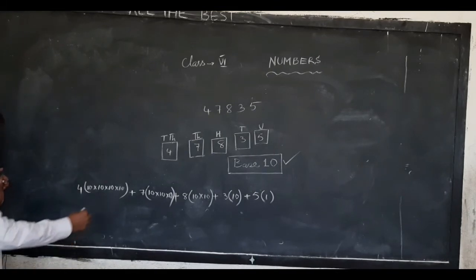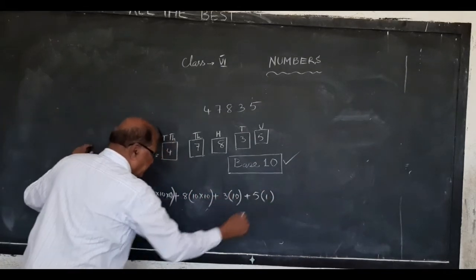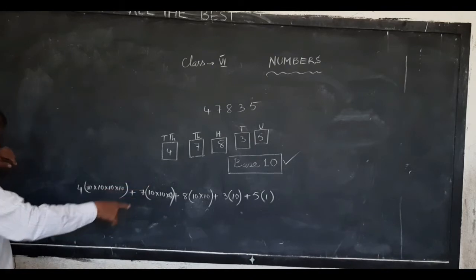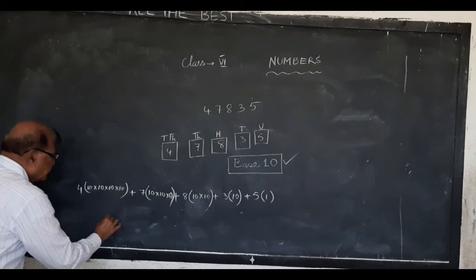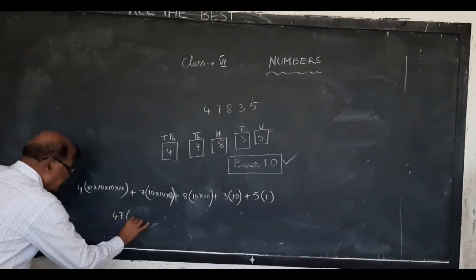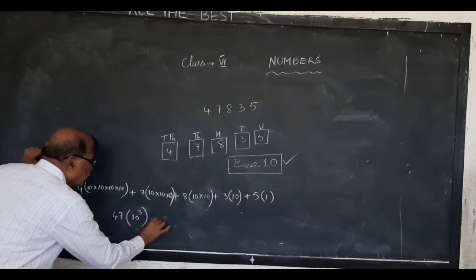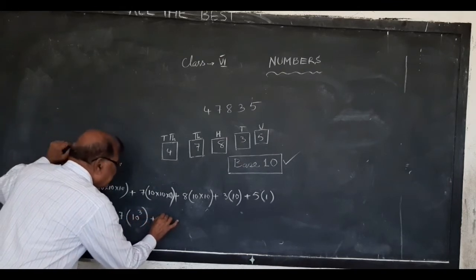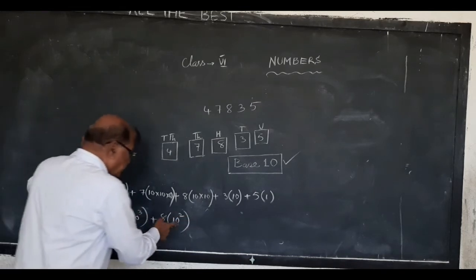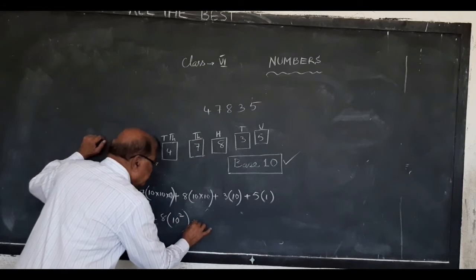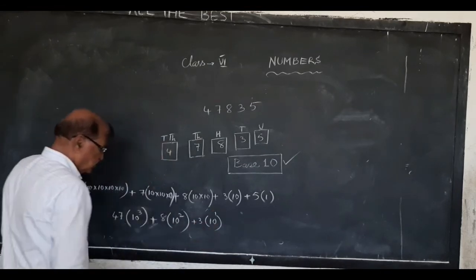If you observe, this also can be modified. So this is 47,000, if you take 47 put together. 1000 means 10 into 10 into 10, 10 cube. Plus 800. 100 means 10 into 10, 10 square. 10 is multiplied by itself twice. Plus 3 into 10, 10 to the power of 1.